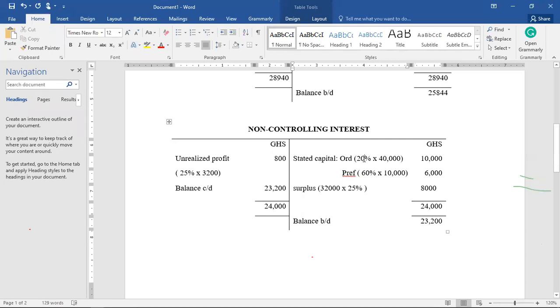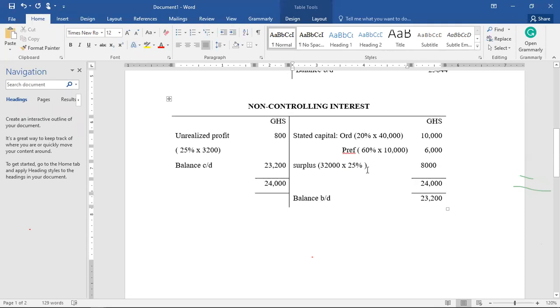So 20% of the ordinary share capital. But now, the presentation, unlike consolidated balance sheets, where we look at the minority in terms of the capital contribution and the surplus, here, when it comes to the minority side, we are looking at the surplus of the minority.